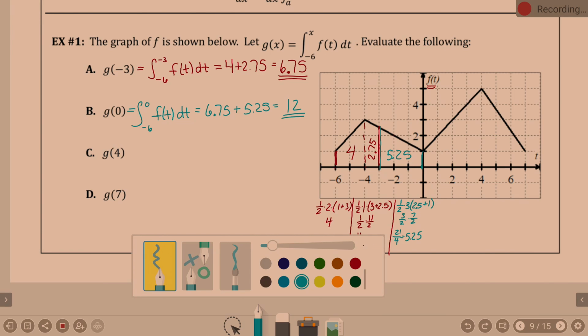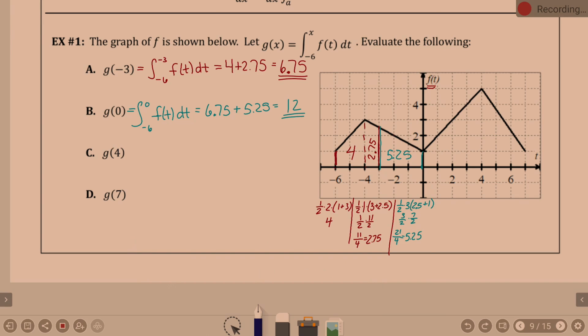Moving along. Now what are we doing? Okay. The integral from -6 to 4, f of t dt. What do we already know? 12. We already have the 12, which takes us up to 0. Let's see, 0 to 4. Do I have one shape I can look at? Another trapezoid. Surprise, surprise.